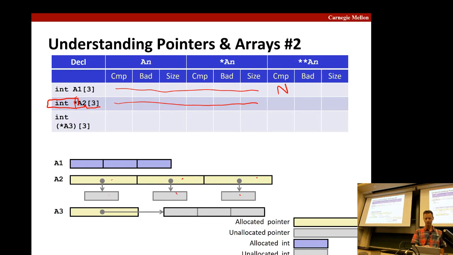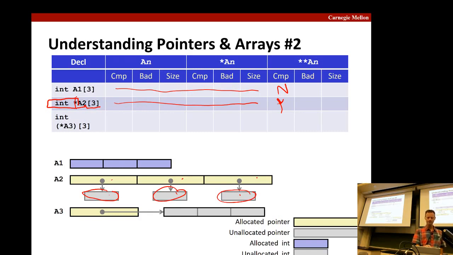The first dereference of A2 will get me to this pointer. The next one will give me the int, and so this should be okay. But on the other hand, it's going to be bad, because these haven't been allocated.